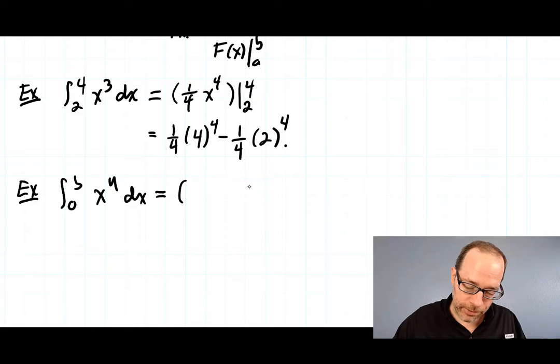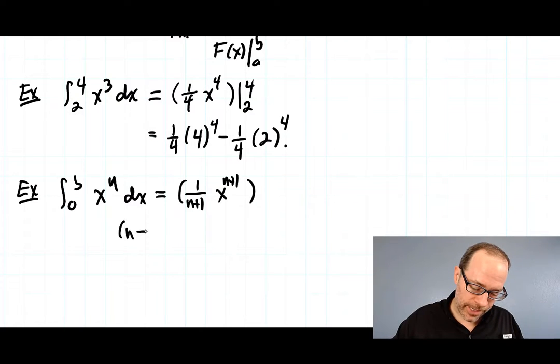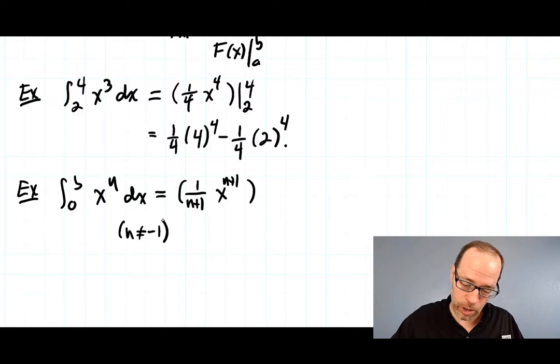Now, if you're looking for an antiderivative, it came from an n plus 1. And to kill that n plus 1, when you take the derivative, you need to divide out by it. Of course, n can't be -1 here, because otherwise it'd be division by 0. And remember, for n equals -1, the antiderivative was the log. But anyway, it's x to the n plus 1 all over n plus 1, evaluated from 0 to b.